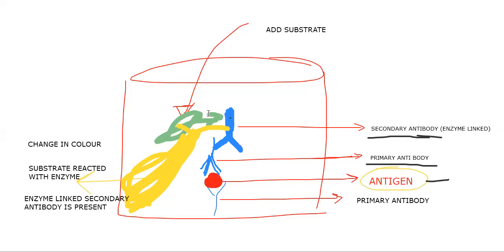If there is a change in the color, we can say there is an enzyme linked secondary antibody. If secondary antibody is there, we can say primary antibody is present. If primary antibody is there, we can say there is an antigen present. If antigen is present, we can confirm the test positive.